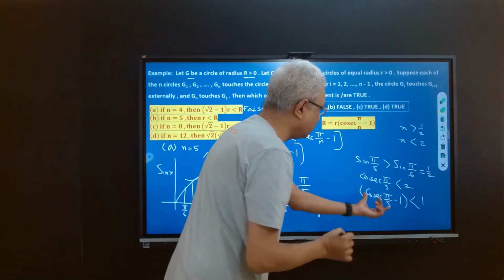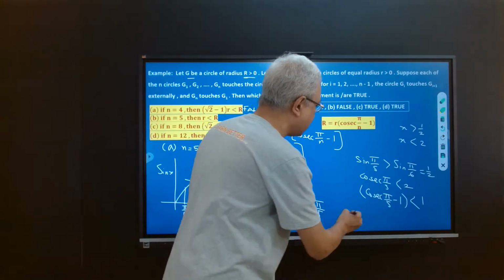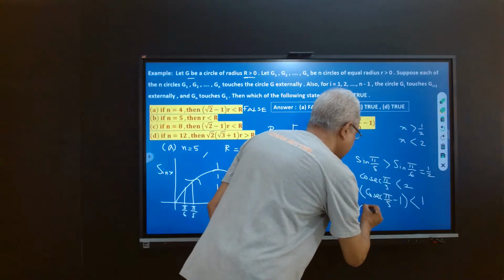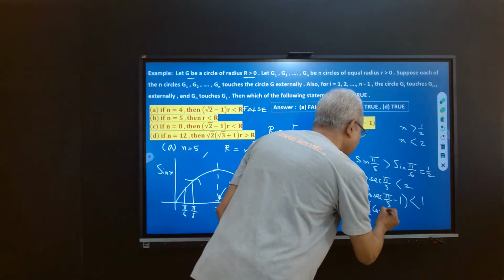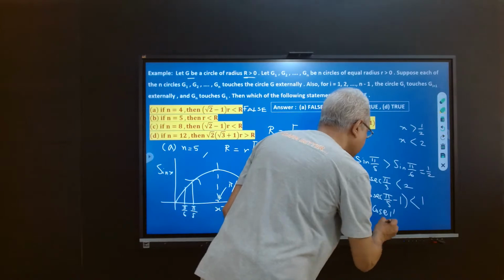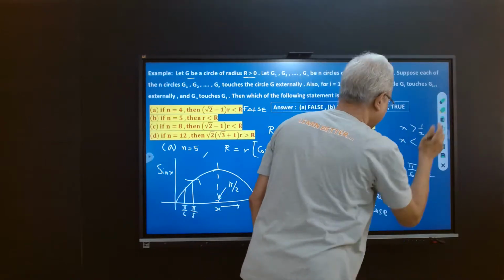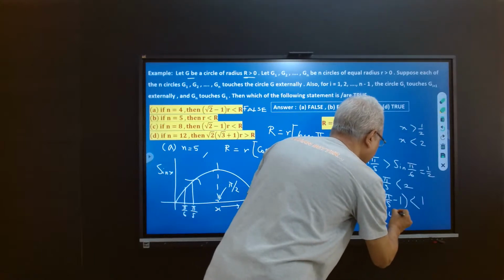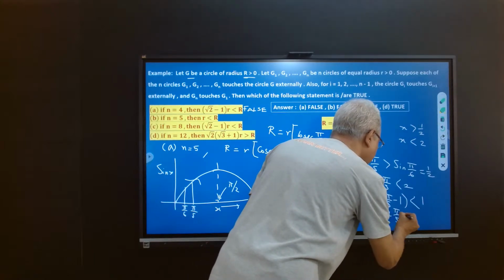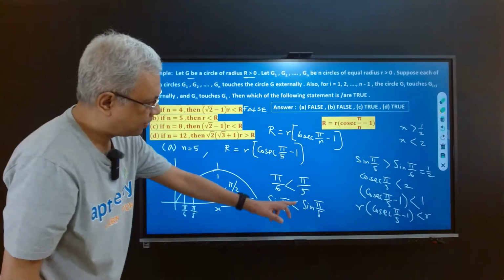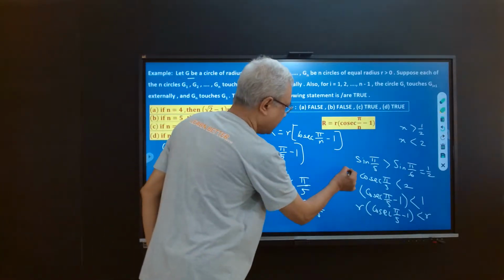If you multiply both sides by small r, which is a positive number, no harm in it. So r times cosec pi by 5 minus 1 is less than r. Up to this, no doubt.